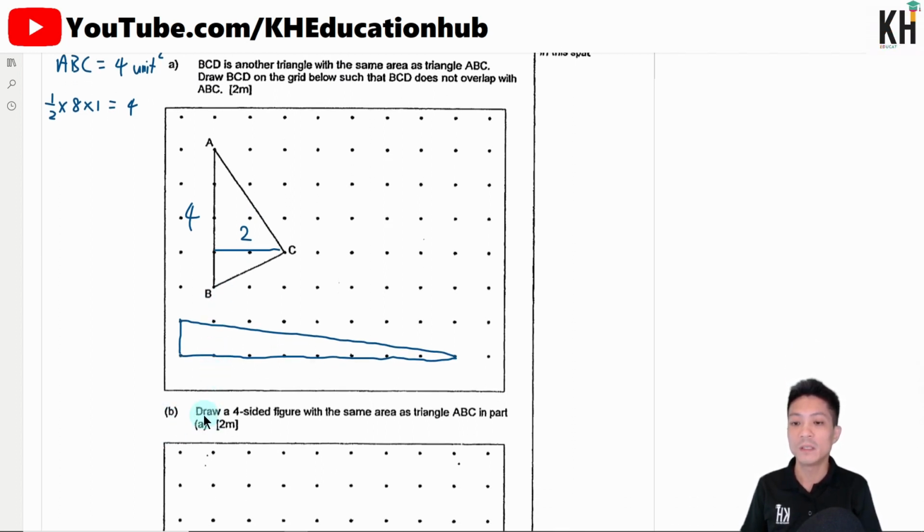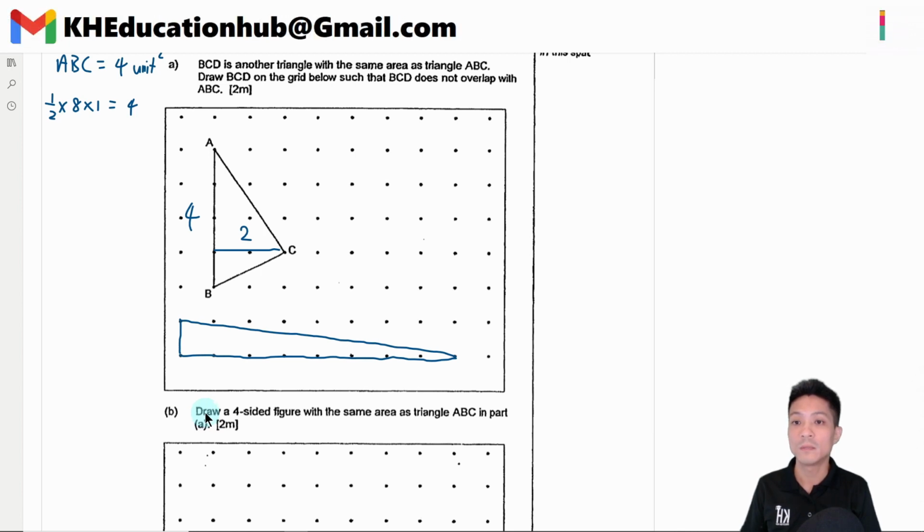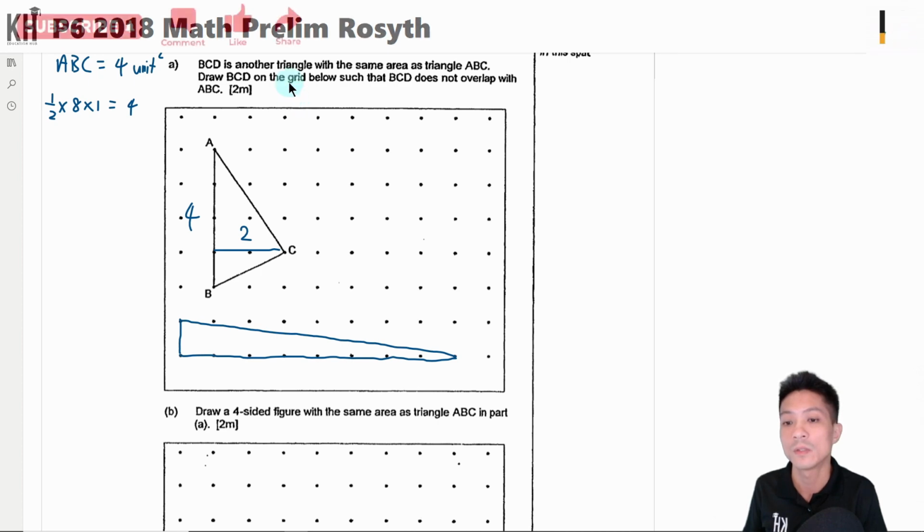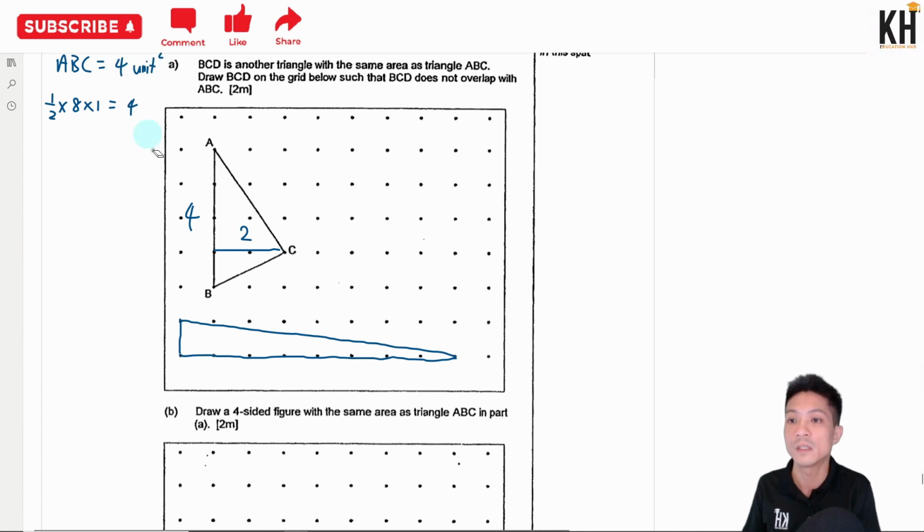Okay, part B, should I label them? Oh, okay. Draw BCD on the grid such that it does not overlap. So I need to make use of the BC over here. BCD.